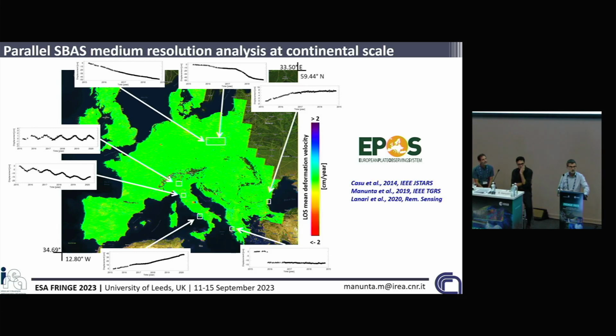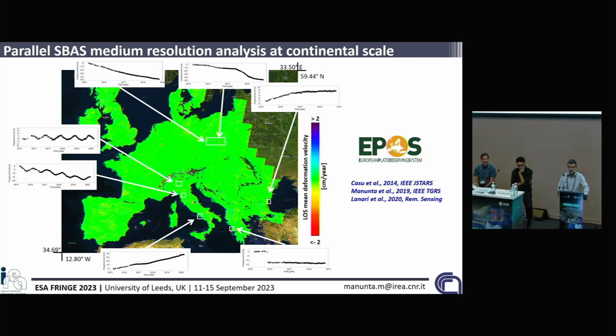Here we have just a recent example that we produced by processing the Sentinel-1 archive collected over Europe between 2015 and 2019. The SBAS approach in the last 20 years has been validated and tested by exploiting different independent measurements such as GPS, inclinometers or leveling measurements.